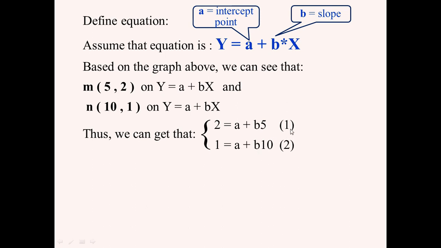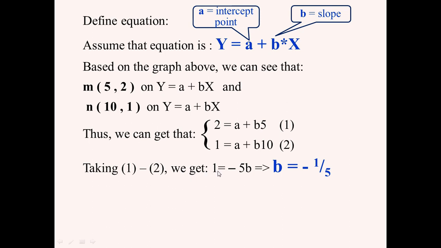I got 2 equations because we want to find 2 values: equation 1 and equation 2. So you need to solve simultaneous equations, or what we call a system of equations. Maybe you know how to solve it, but I just take equation 1 minus equation 2.